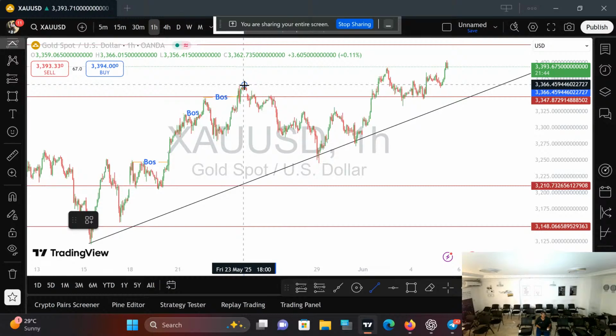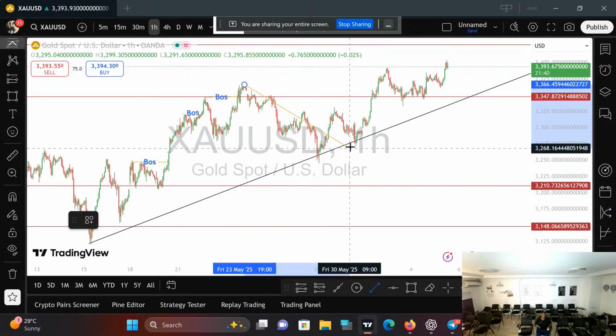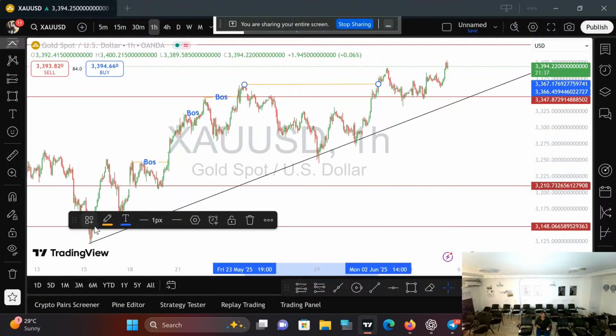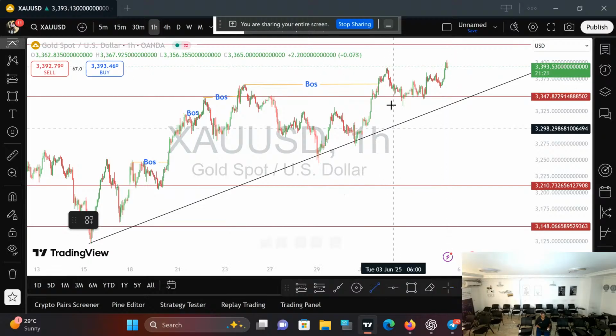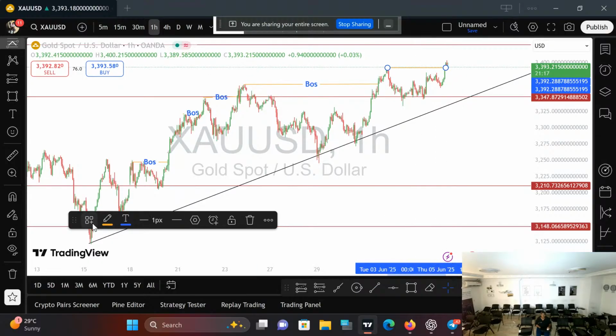And we have a substructure inside this level, and then we have this break of structure. Remember, all this movement down is a substructure of this overall break of structure to the upside. And we see that this market has also broken this previous high, right? So I'm going to map it, and we're still looking forward to buy this market.